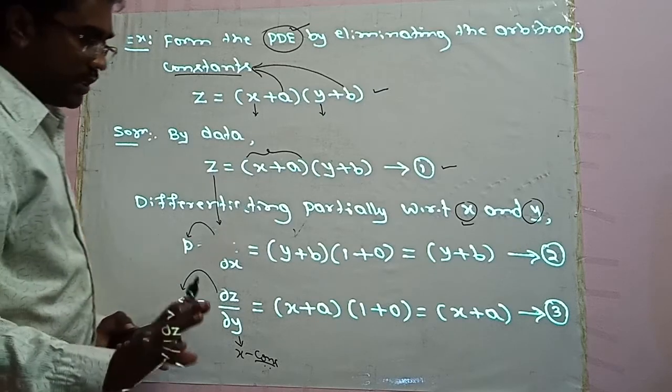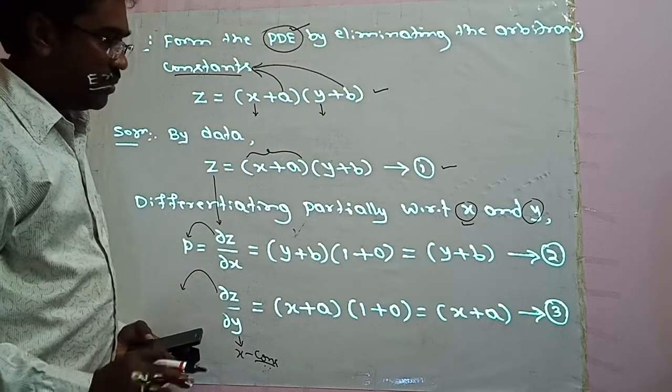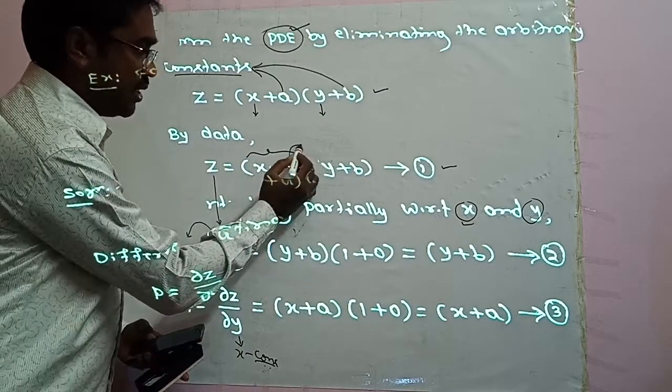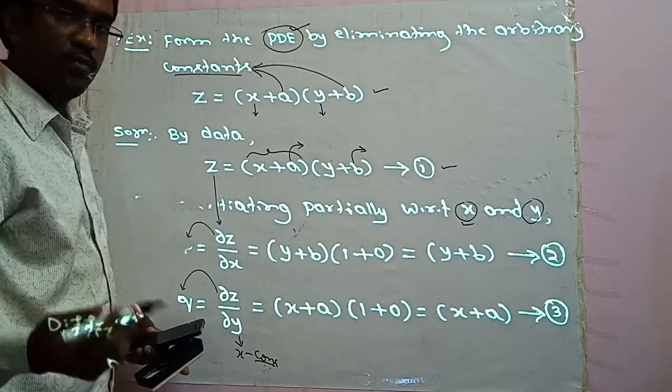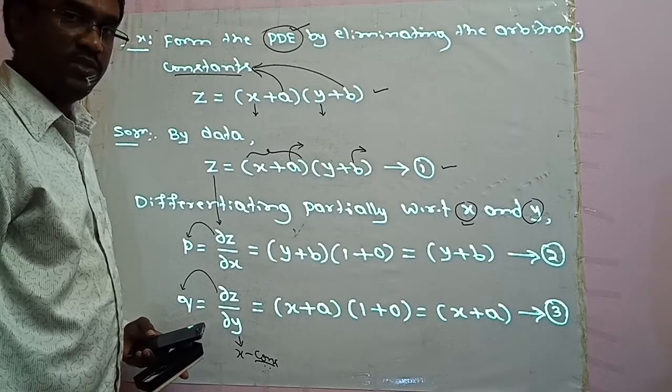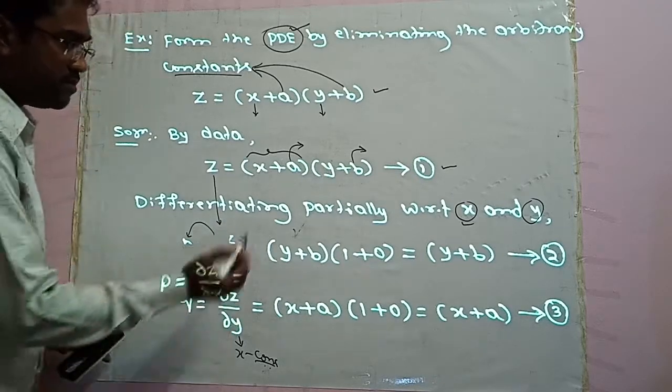Right? Now what is our aim finally? Our aim is we need to eliminate this a and b and get our partial differential equation.